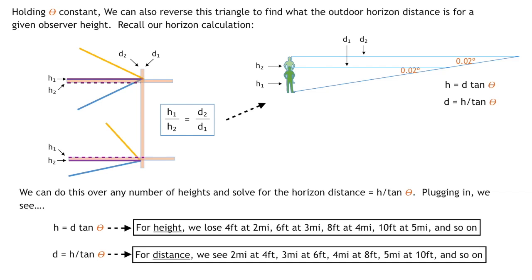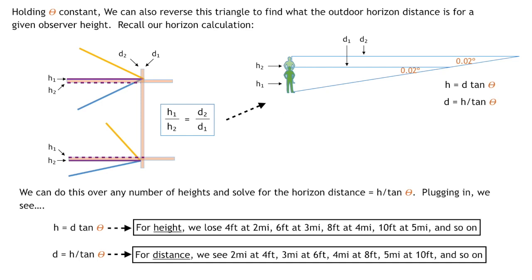So if I am at height 1 with the green person and I extend myself higher up to height 2, I can now go from distance 1 to distance 2, holding theta constant between the two. And we can do this over any number of heights and solve for the horizon distance equal to the height divided by tangent of theta.